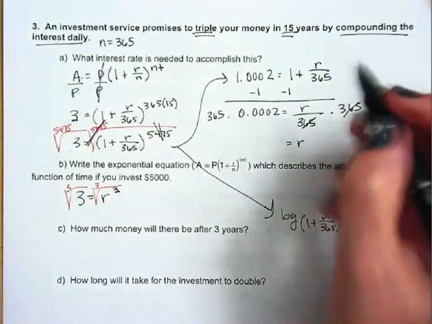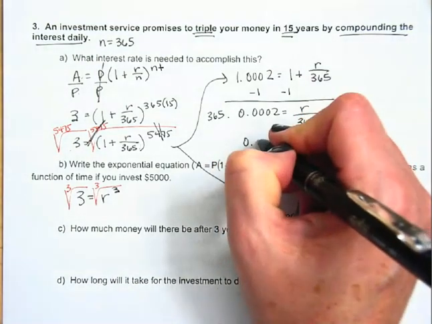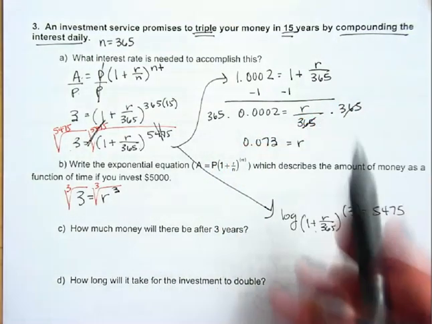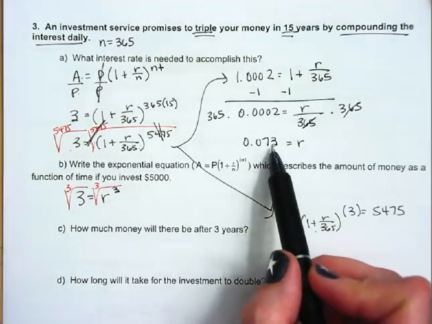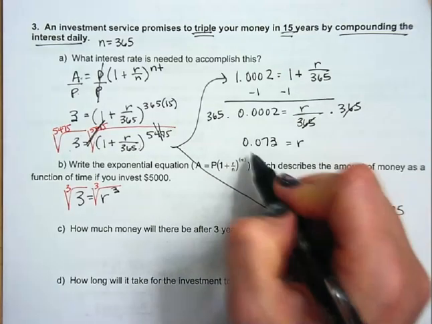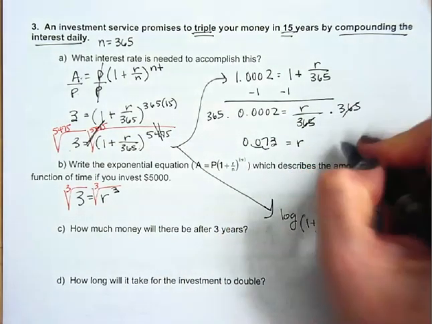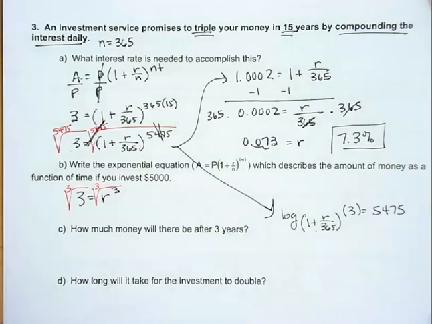And r is approximately 0.073. Now remember, that's the decimal version of the rate that we use for calculating, but our final answer is going to be as a percentage. So now we multiply by 100 or move the decimal 2 places to the right. So the rate is 7.3%.